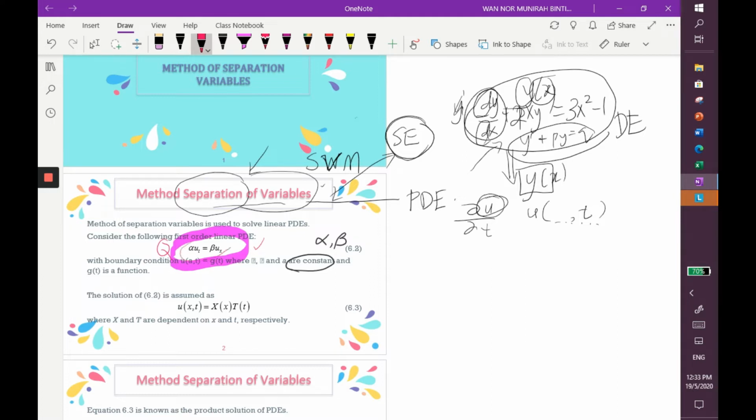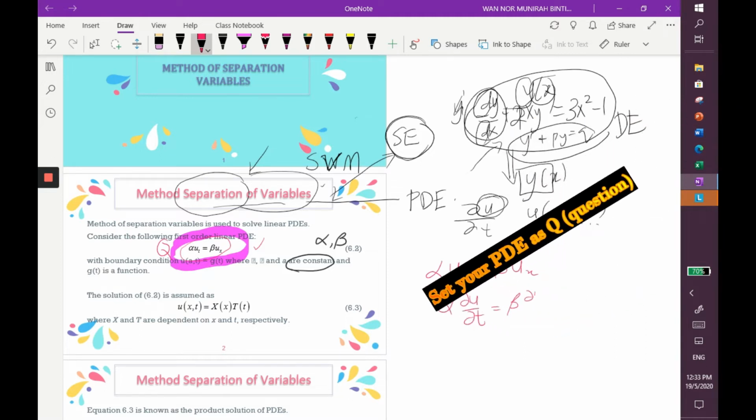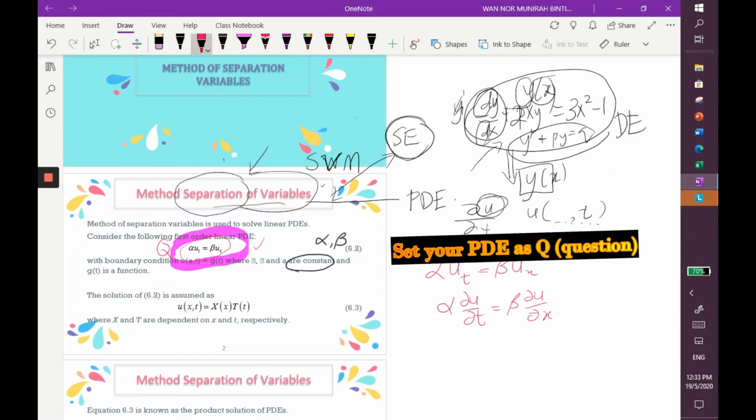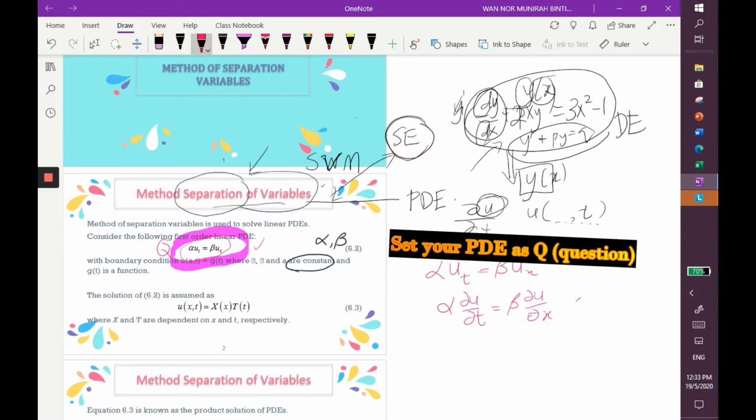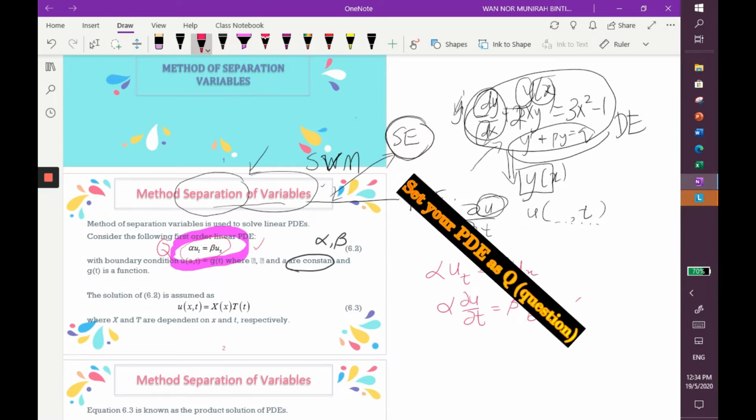You are given this as your question, and this PDE will come together with a boundary condition. u sub t equals beta u sub x is equivalent to alpha del u del t equals beta del u del x. It is just the same thing because this is just mathematical notation. This PDE will come together with the boundary condition.